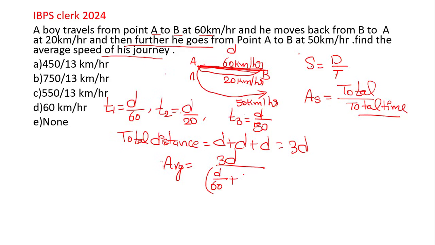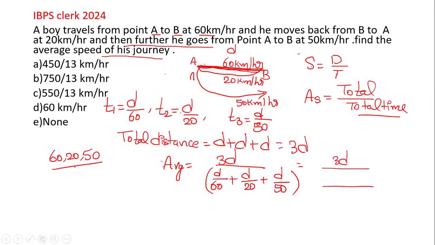Why is it important? Because in case you forget the formula and you still have time, you can solve using this method, though I will tell you the shortcut method as well. Now for 3d, you need to take the LCM of 60, 20, and 50.